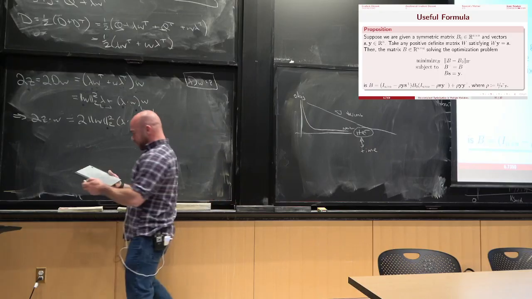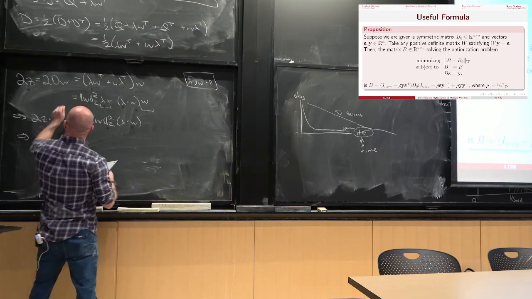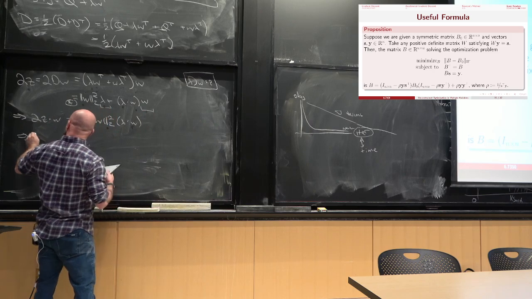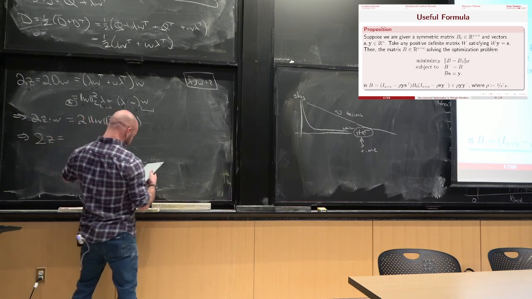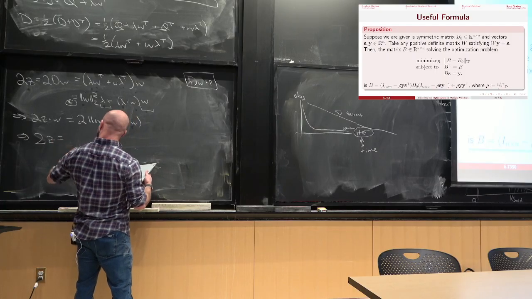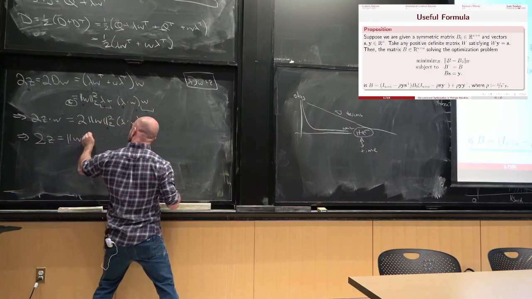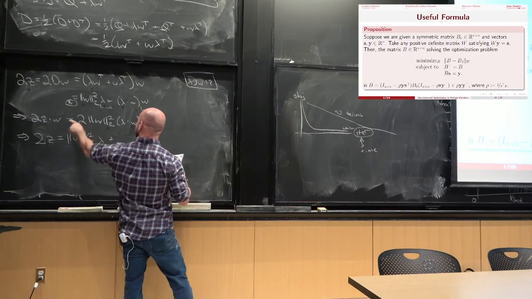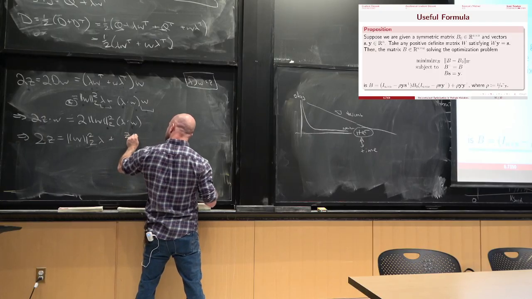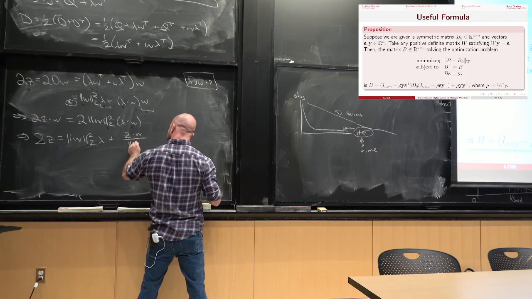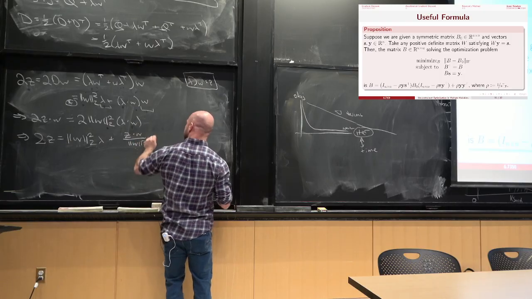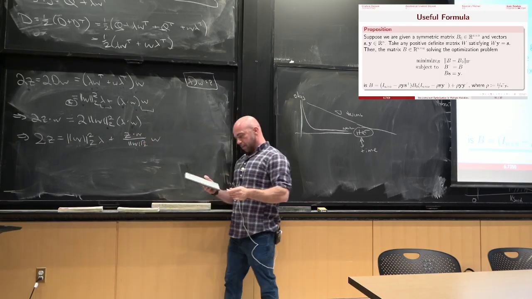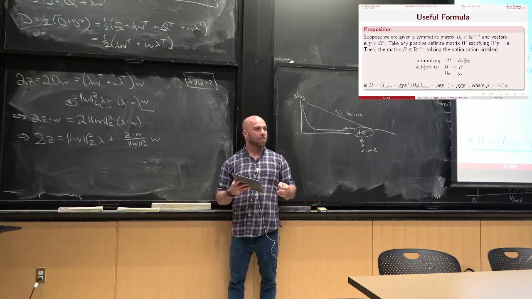So we can write, just by plugging in this expression here, that 2z is equal to the norm of w squared times lambda plus lambda dot w, which is basically z dot w divided by the norm of w squared times w, like that. Everybody agree with me?